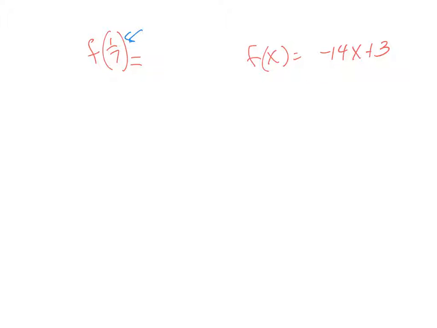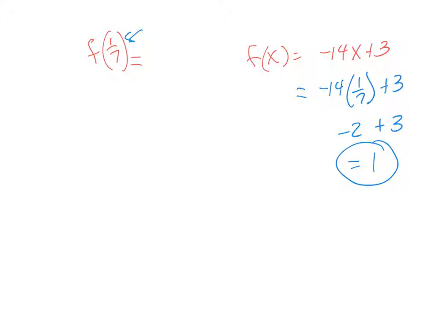F of 1/7 means what is the value of y when x is 1/7. So that's going to be -14 times 1/7 plus 3. And if you notice, that's -14 over 7, which is -2 plus 3. But if you can multiply across, that's -14 times 1 over 7, which is -2, plus 3 is 1. So the answer to that question is 1.